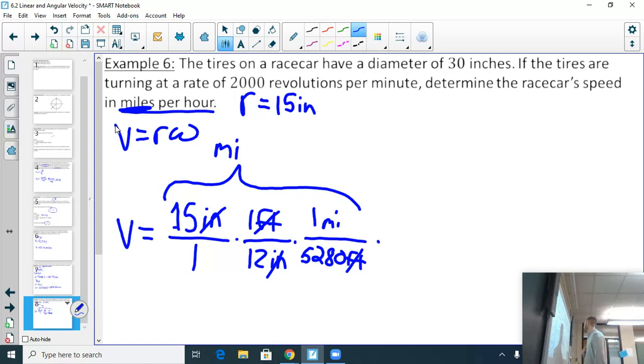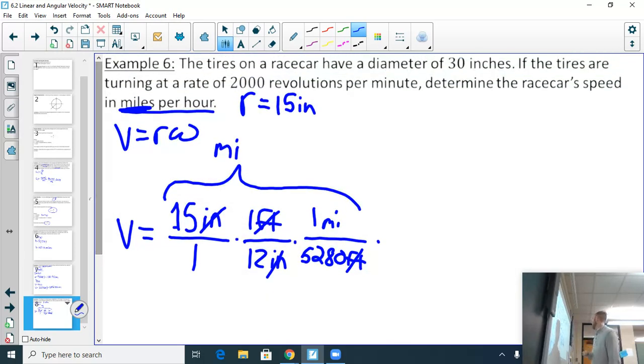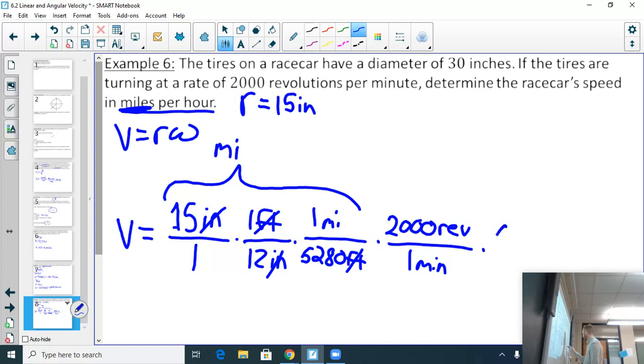And now we need to multiply it by our velocity. And our velocity, we have 2,000 revolutions per 1 minute. And we are going to want to change that to hours, right? So there is 60 minutes per 1 hour, with minutes on top so the minutes cancel.